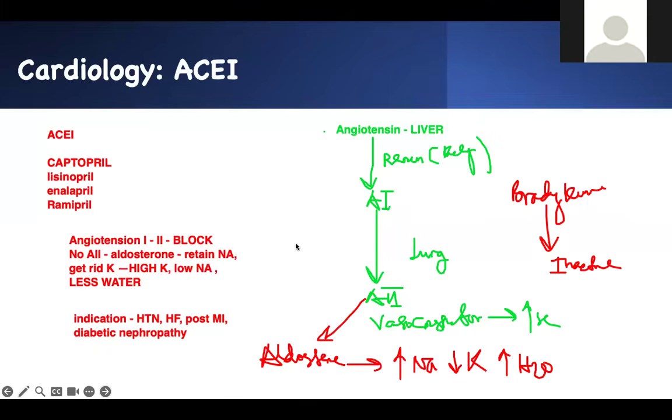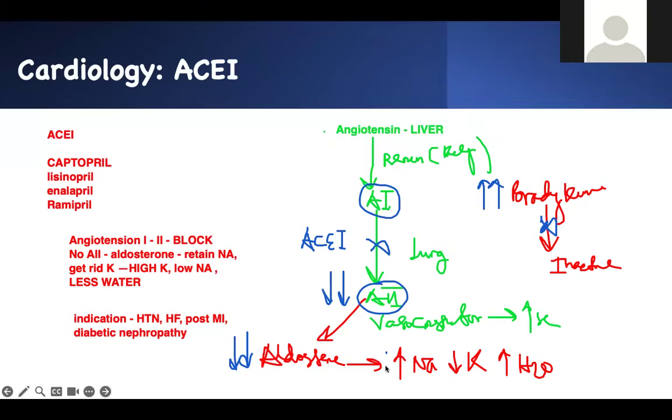It comes here and says to angiotensin 1, you're not going to go into angiotensin 2. So it blocks this. It also goes here and says to bradykinin, you cannot be converted into the inactive form, I'm blocking you. In the process, you have a high level of bradykinin. You also don't have angiotensin 2, therefore there is no aldosterone.